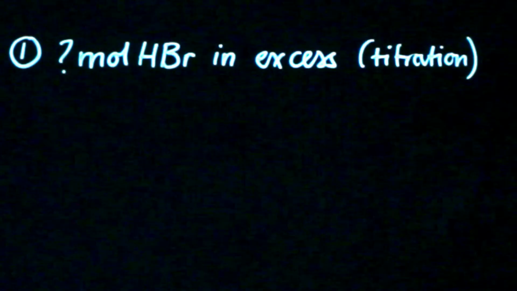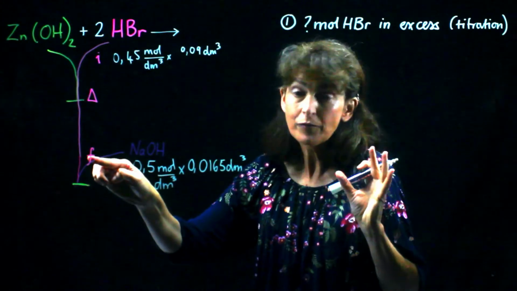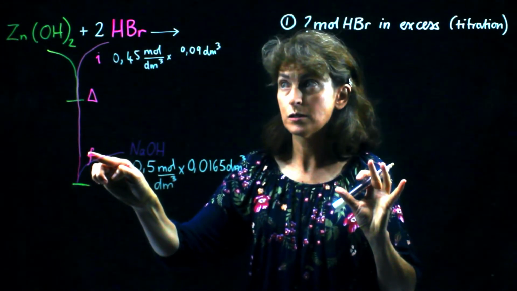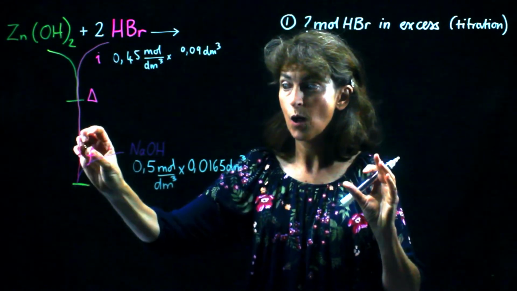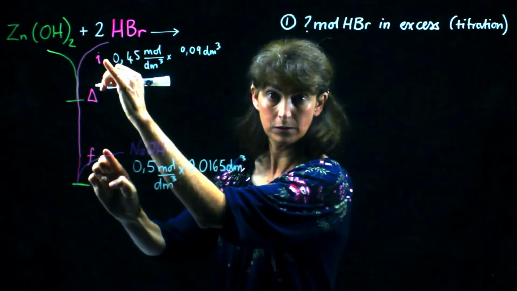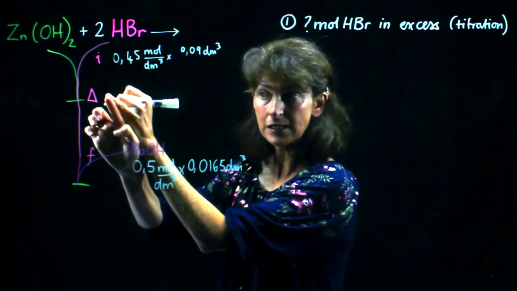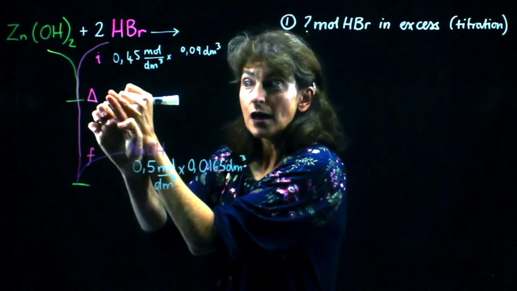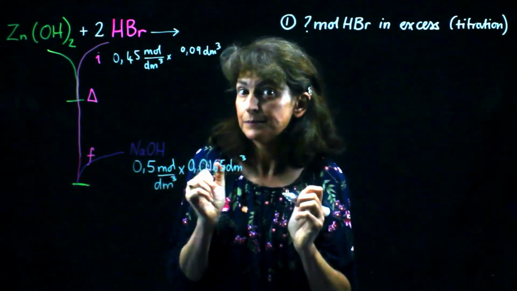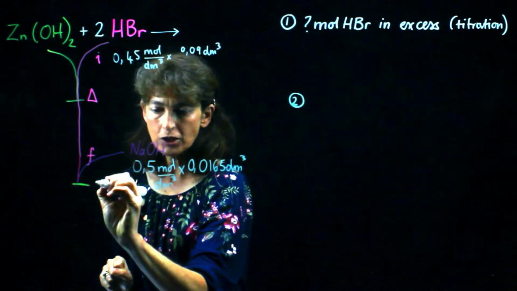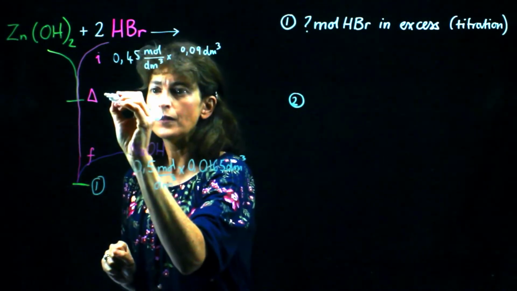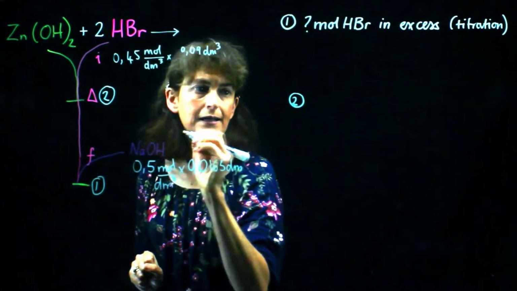Because this will give us what I've called here final amount. You can also call it excess amount. We know initial amount of HBr. Then we can calculate change in amount, which means the amount of HBr that reacted. So this titration is our first step. This change is our second step.